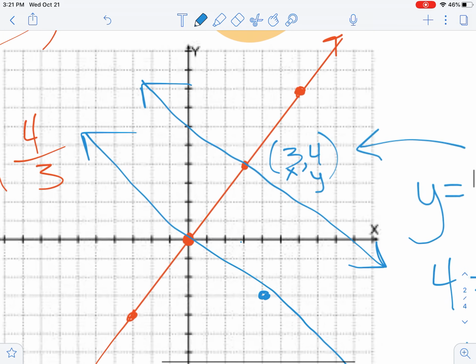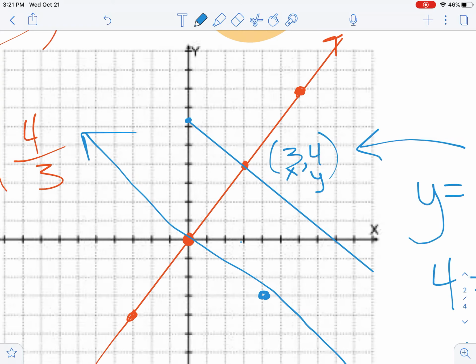And so then this would go through at 1, 2, 3, 4, 5, 6, and a little bit above it, through that point. So that's another equation of that line.